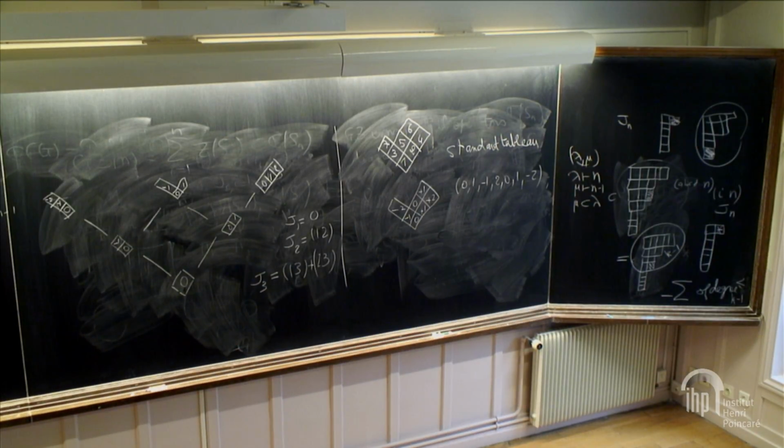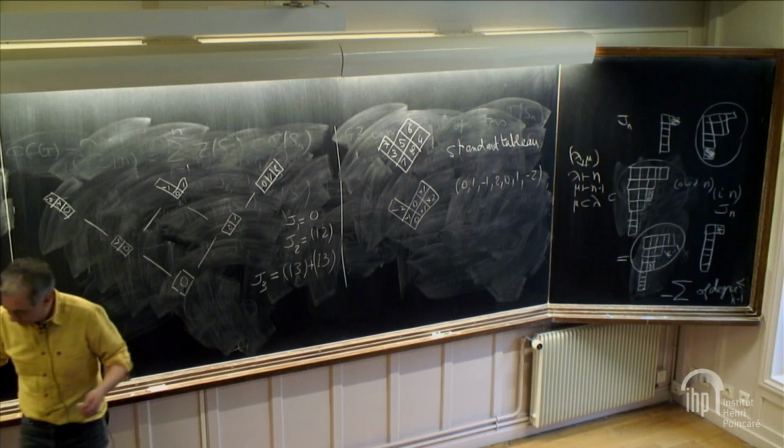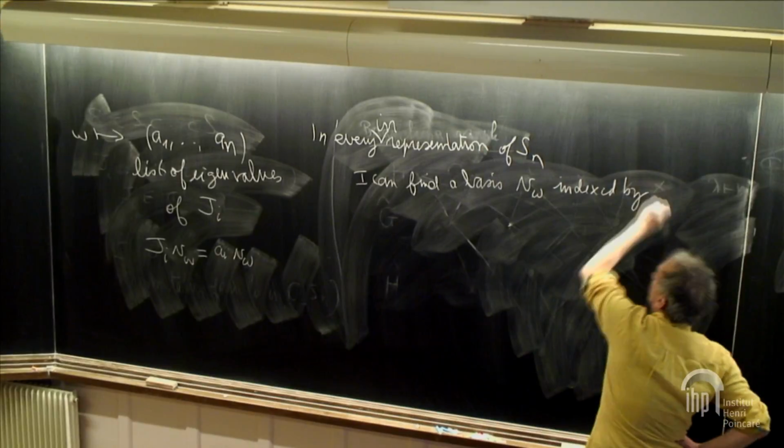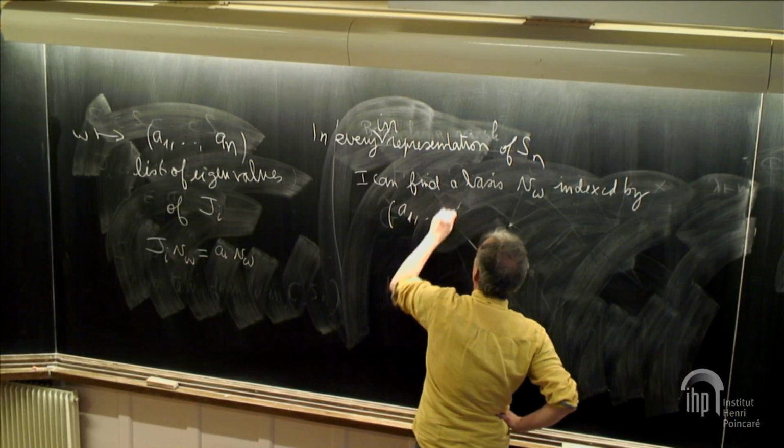Now what we have proved is that in every irreducible representation of Sn, I can find a basis V omega indexed by a1, ..., an.